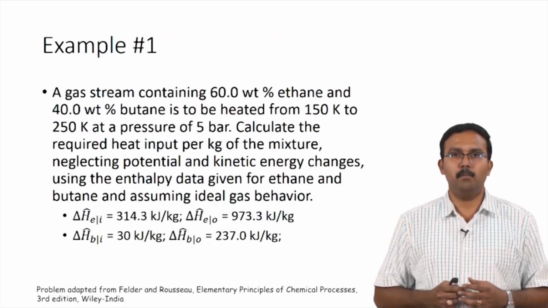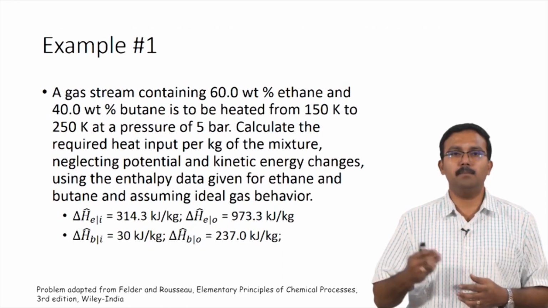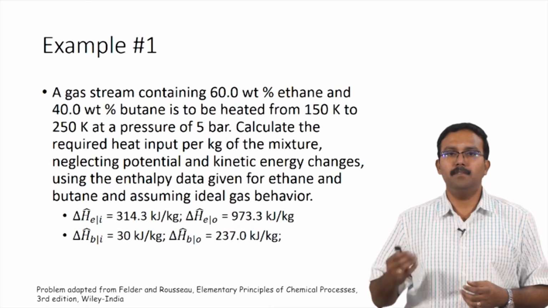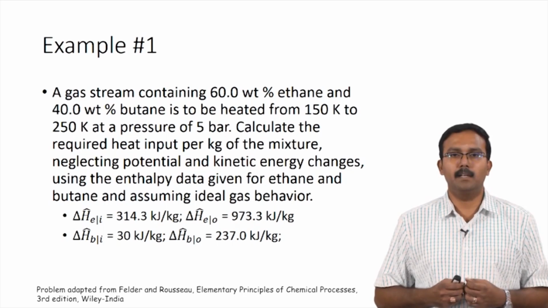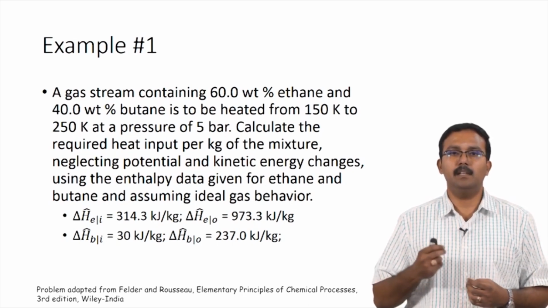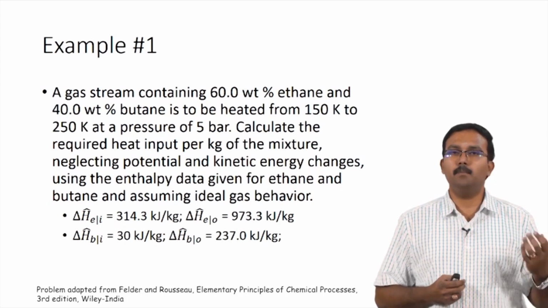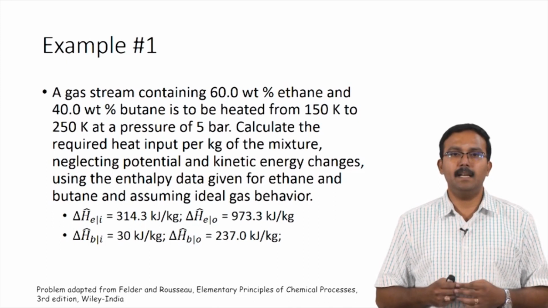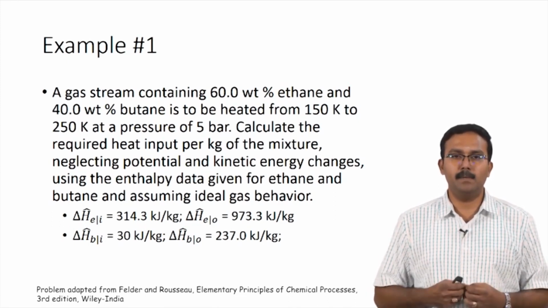Here is an example problem. You have a gas stream containing 60% ethane and 40% butane. This is to be heated from 150 Kelvin to 250 Kelvin at a pressure of 5 bar. You are asked to calculate the heat input per kilogram of the mixture, neglecting the potential and kinetic energy changes, using the enthalpy data that is given for ethane and butane and assuming ideal gas behavior.